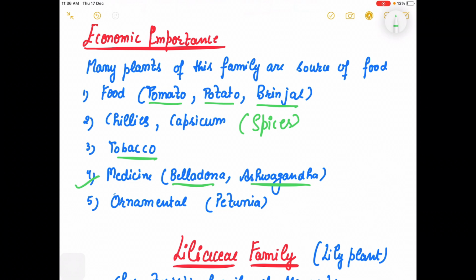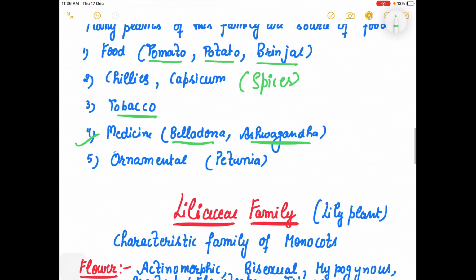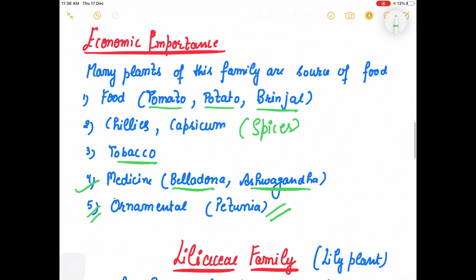These all we are getting from the Solanaceae. Then one major ornamental plant, petunia, also belongs to the Solanaceae family. So food, spices, medicine, ornamental, this family is very important from the economic point of view.